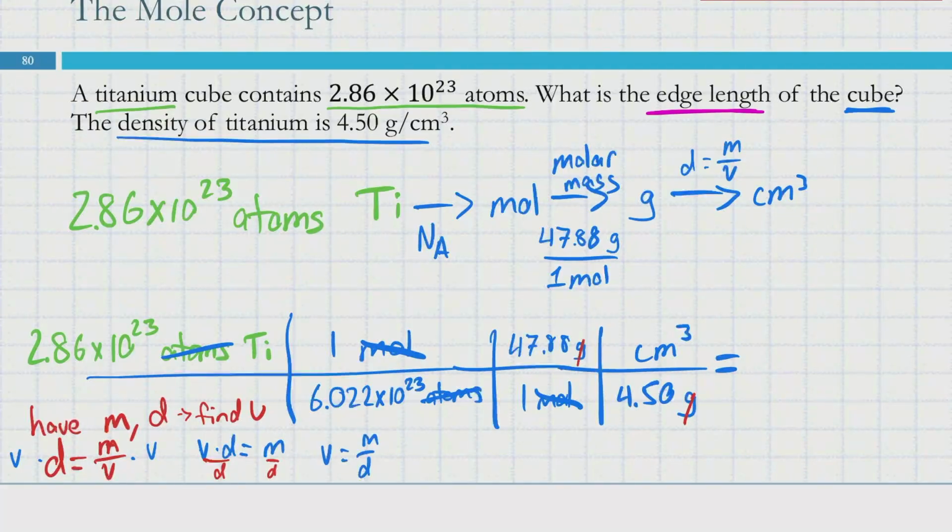So 2.86 times 10 to the 23 divided by, you might want to put this in parentheses, 6.022 times 10 to the 23. Then we multiply by 47.88 and divide by 4.5. 5.053... cubic centimeters.